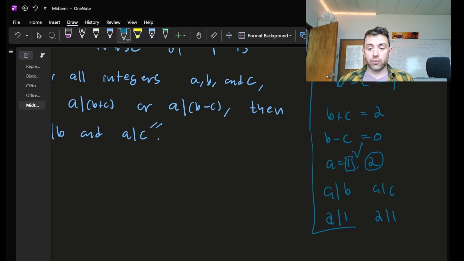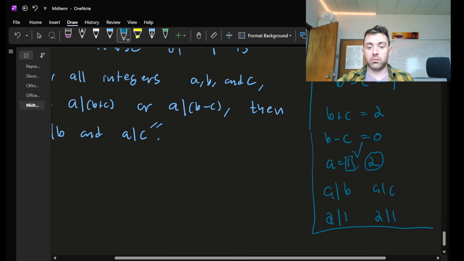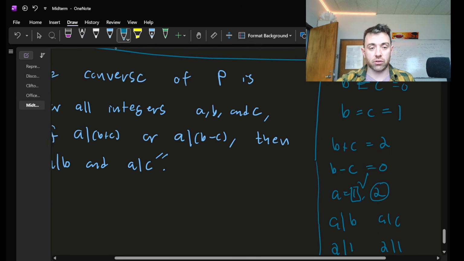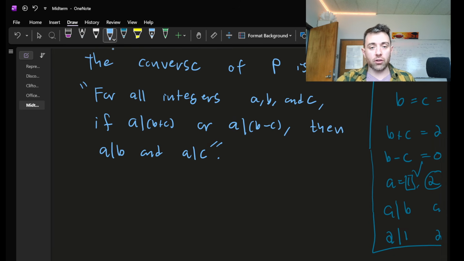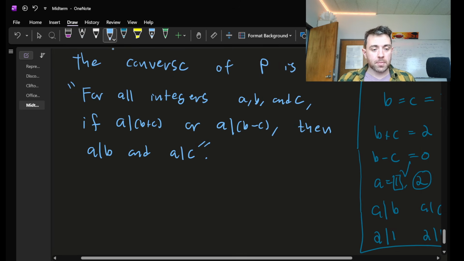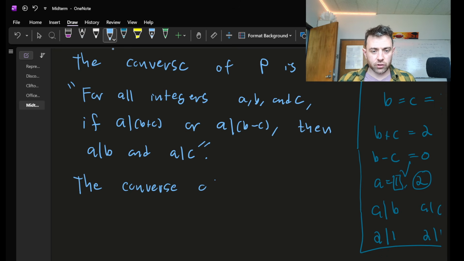So neither of those statements are true. So it seems that we found a counterexample. Okay, so it's false. So let's tell the reader, the converse of P is false.